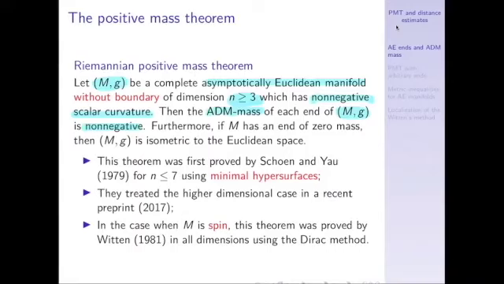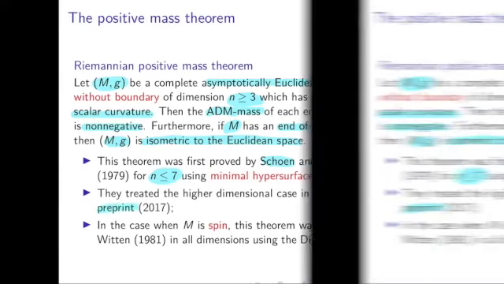And moreover, there is a rigidity part stating that if M has an end of zero mass, then M is isometric to the Euclidean space. Now, this theorem was first proved by Schoen and Yau in dimension at most 7 using the minimal hypersurface method. The higher dimensional case was treated again by Schoen and Yau in a recent preprint.